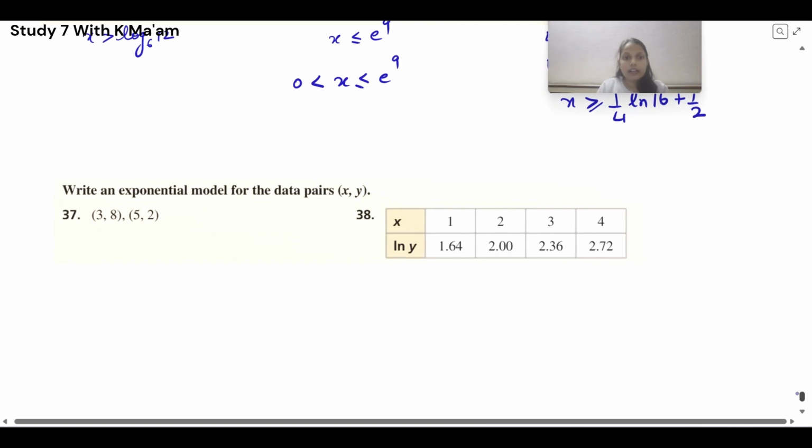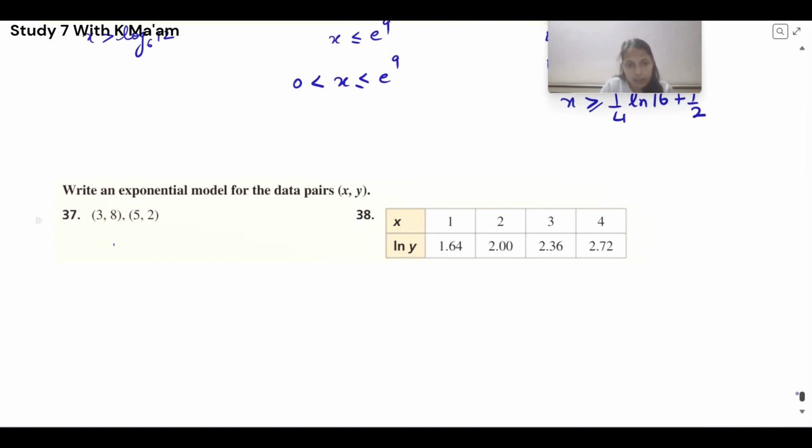Next, write an exponential model for the data pair here. This is y equals a b power x. Substitute. Y is 8, x is 3. Y is 2, x is 5.